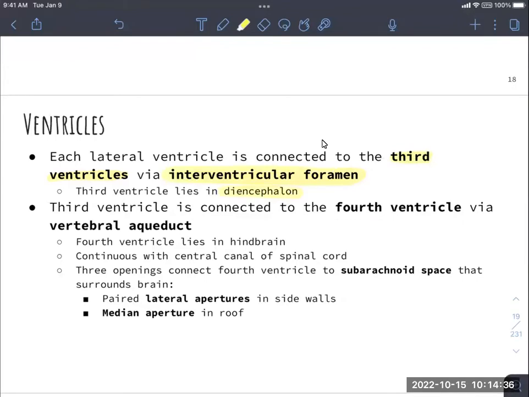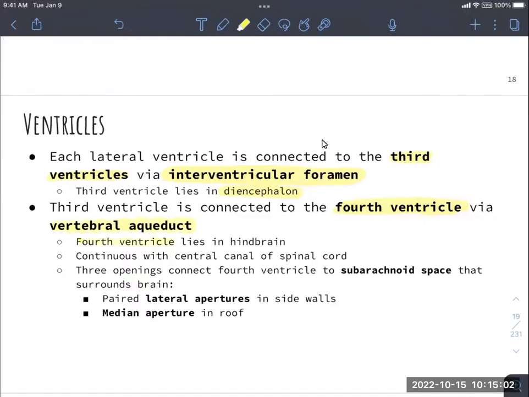That third ventricle is in the diencephalon. And then, just like the lateral ventricle connects to the third ventricle, that third ventricle is going to connect to the fourth ventricle. That fourth ventricle is connected to the third ventricle via that vertebral aqueduct.